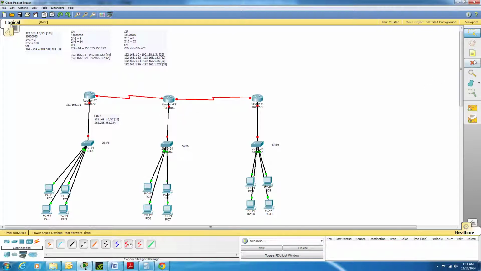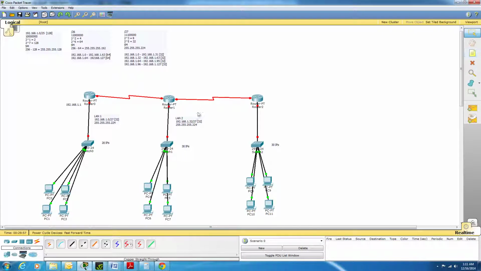Okay, we're going to take this second block of IP addresses and assign it to this network, which we'll call LAN 2, and that network would be 192.168.1.32. The first IP address in the series will be the name of the network, and it will be a /27 network with 32 IP addresses. Its subnet mask will be 255.255.255.224 as well.